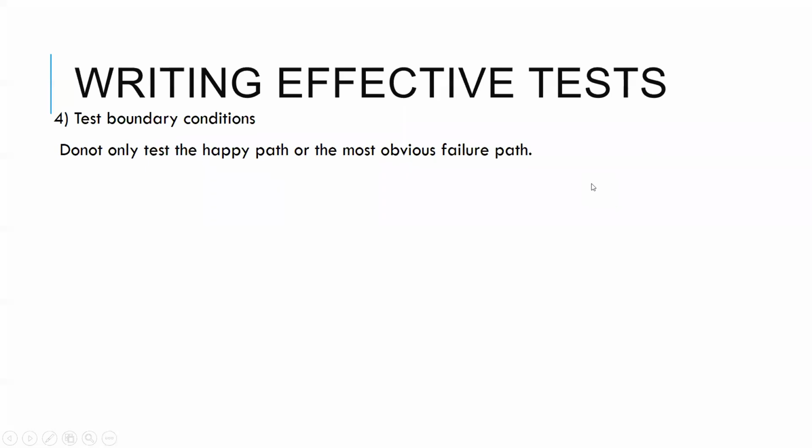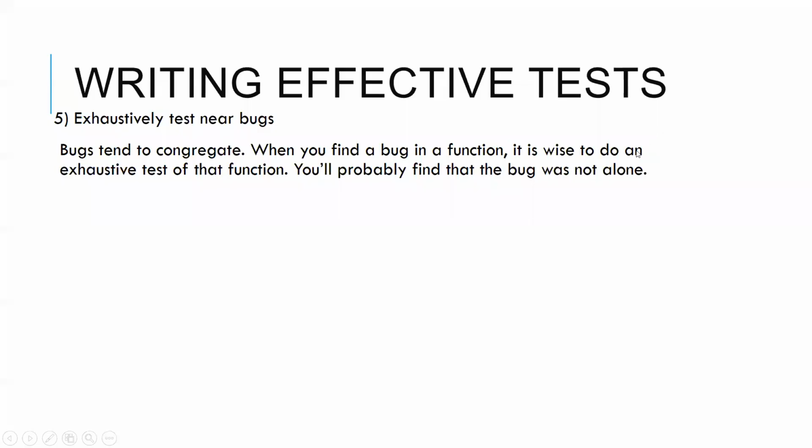Also, it is important that while writing tests, you should actually test the boundary conditions. That is, you should not only test the happy path or the most obvious failure path, but you should also test the boundary conditions around the code. According to research, most of the bugs are co-located, so you should exhaustively test near bugs.